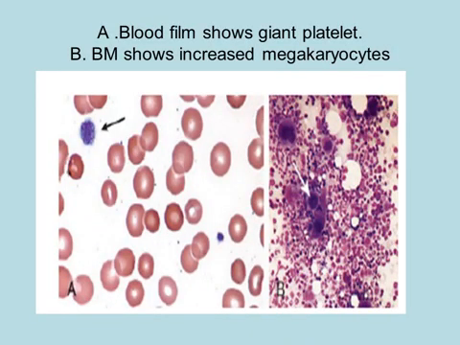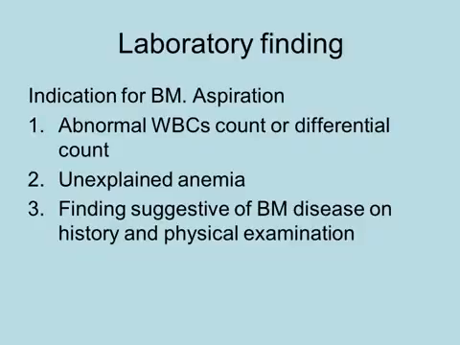This blood film reveals giant platelet, which is usually seen in thrombocytopenia, and slide B is a bone marrow showing increased number of megakaryocytes.